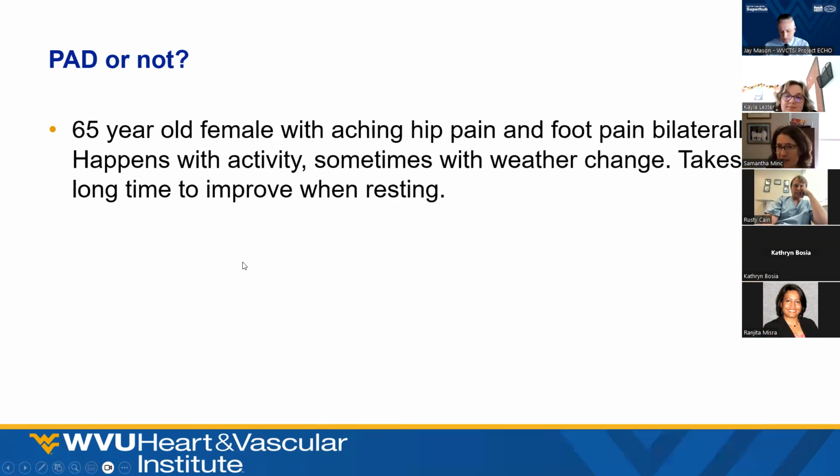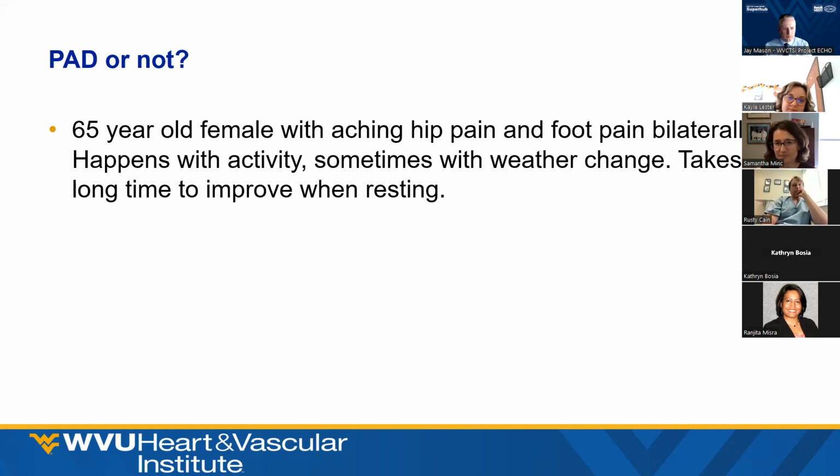That's helpful. All right, PAD or not: a 65-year-old female that has aching hip pain and foot pain in both legs, happens with activity, sometimes happens with weather changes. But even though she's walking and it does come on with activity, it doesn't seem like it gets better right away when she stops. It kind of lingers throughout the day. It's achy, uncomfortable.